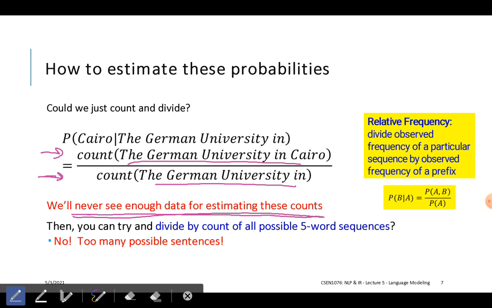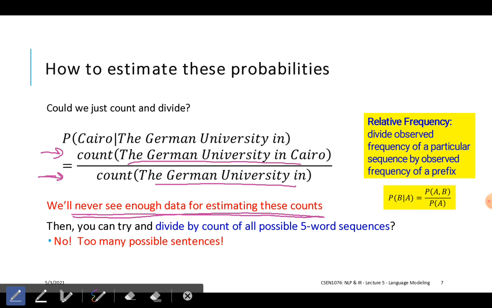But we are talking about general sentences. So you will not probably find a corpus in which a complete sentence repeats itself over and over again. You can find a word repeating a lot. You can even find a phrase combining two words repeating a lot. But the longer the sentence, the less likely it is that the entire sentence will appear many times, or enough times to enable us to compute these counts.